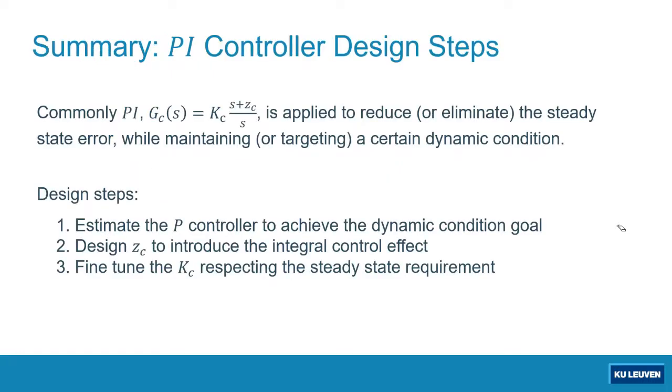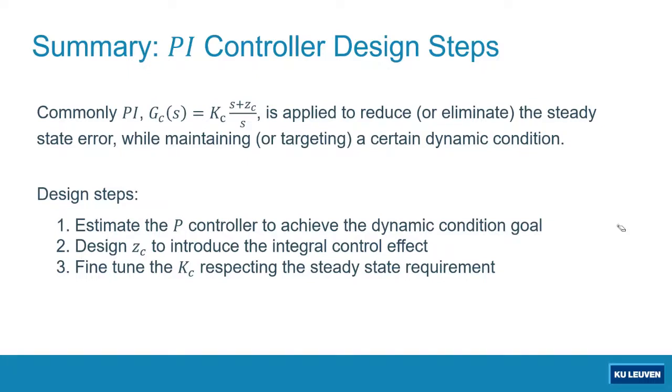Just to conclude then, commonly a PI controller, where the transfer function in general looks like what you can see in this slide, Kc times S plus Zc over S, is applied to reduce or to eliminate, depending on the requirement, the steady state error while maintaining or targeting a certain dynamic condition.